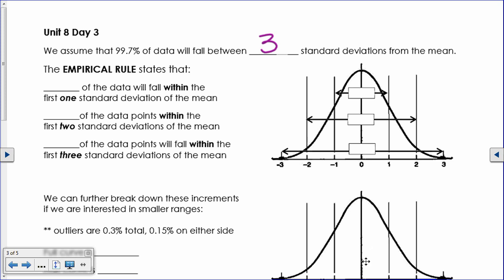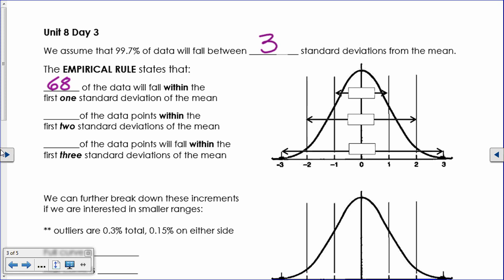So we have this section, and this section, and because it's symmetrical, it's going to be the same on both sides. So the first section of the empirical rule says that 68% of the data, let me just double check I have that number right, 68% of the data will fall within the first standard deviation of the mean.